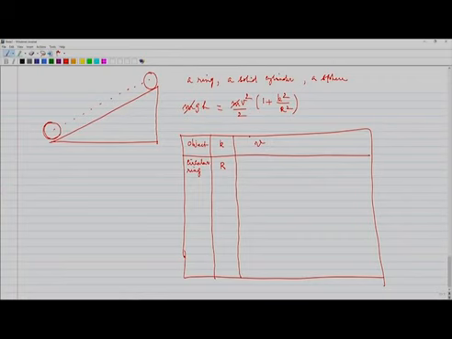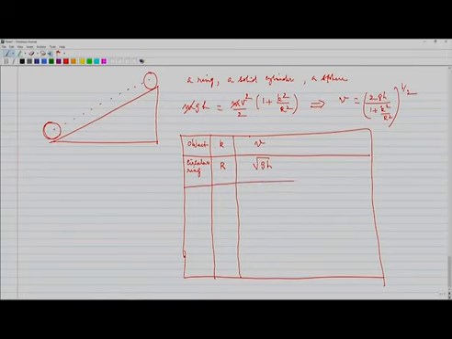I will get, from this, v is equal to the square root of 2gh by 1 plus k squared by r squared. So this will be gh, because k is equal to r, so the 2 and 2 will get cancelled. This is what we will have for a circular ring.